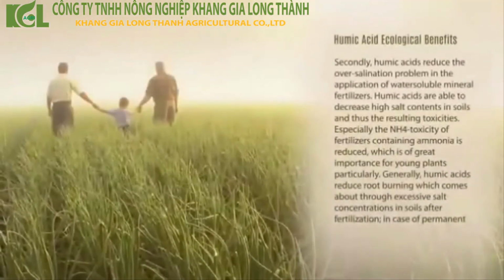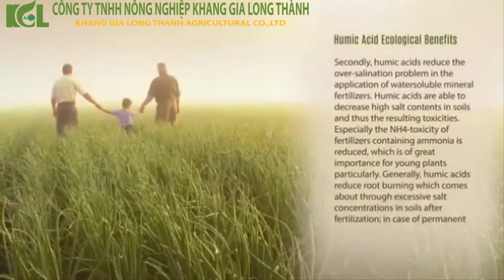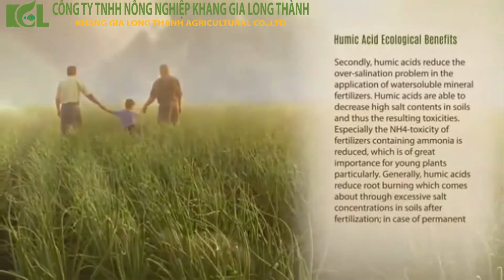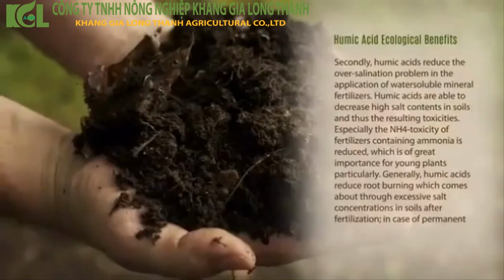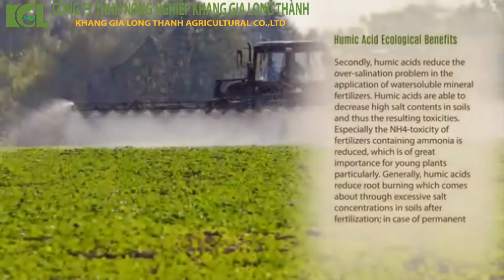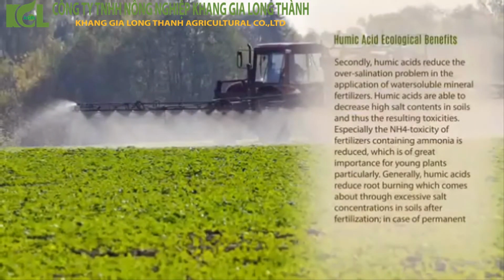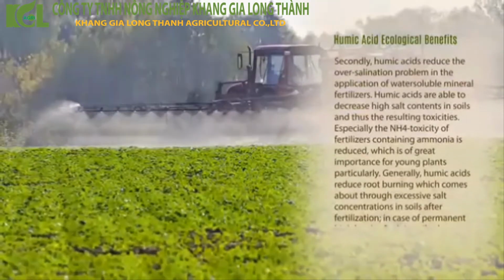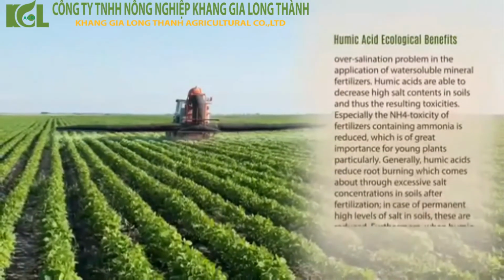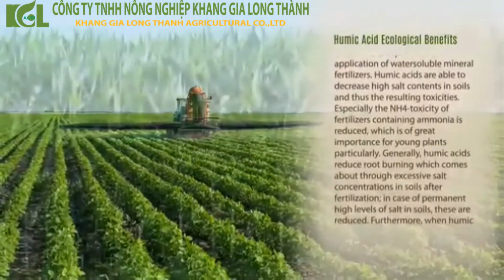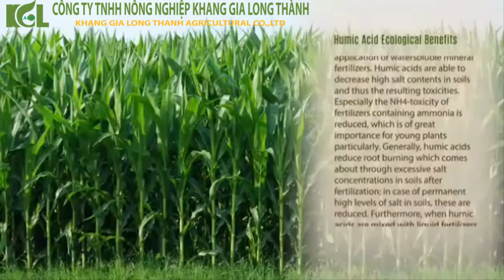Secondly, humic acids reduce the oversalination problem in the application of water-soluble mineral fertilizers. Humic acids are able to decrease high salt contents in soils and thus the resulting toxicities. Especially the NH4 toxicity of fertilizers containing ammonia is reduced, which is of great importance for young plants particularly.